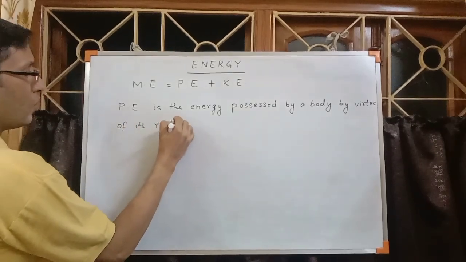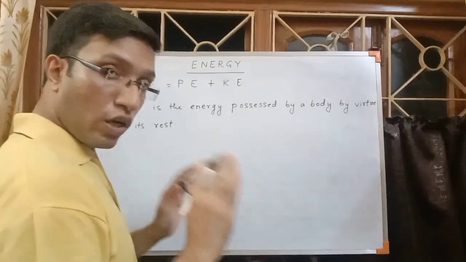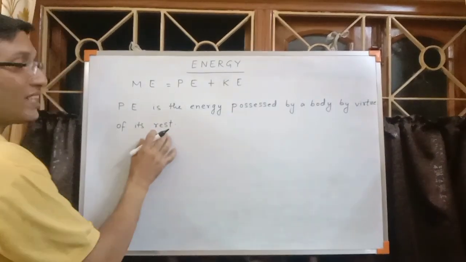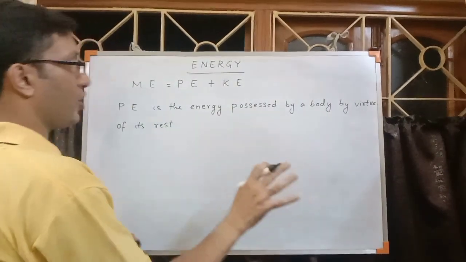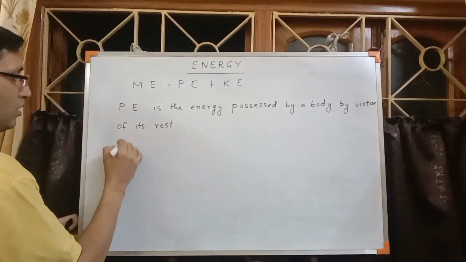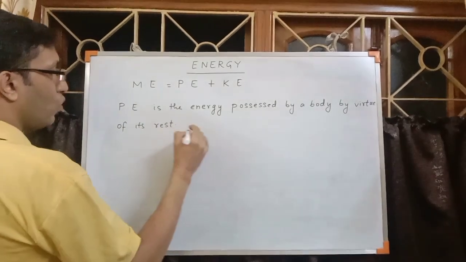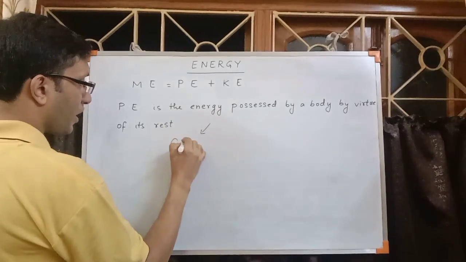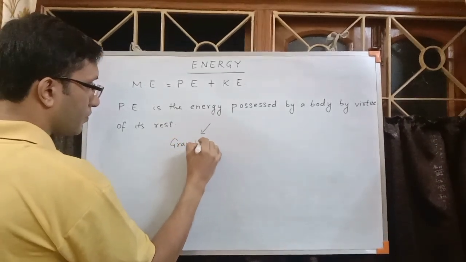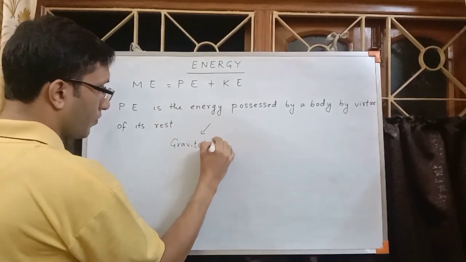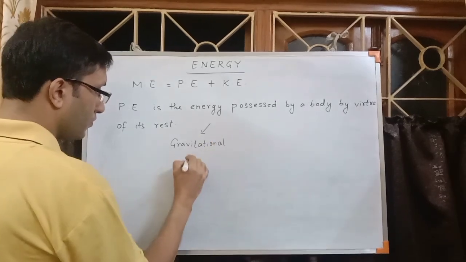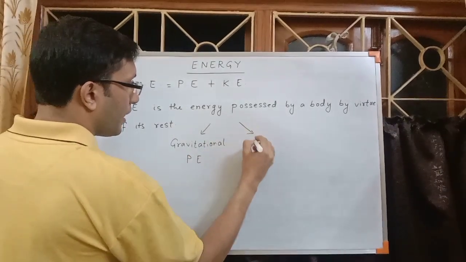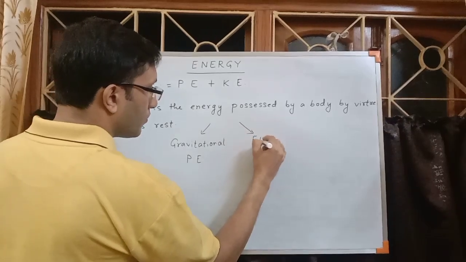That means when a body is static, it is not moving, it is not dynamic. The energy possessed by a body due to its state of rest or configuration is known as potential energy. And there are two types of potential energy. One is gravitational potential energy, and another one is elastic potential energy.